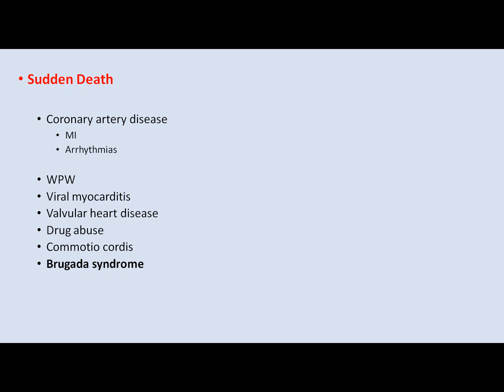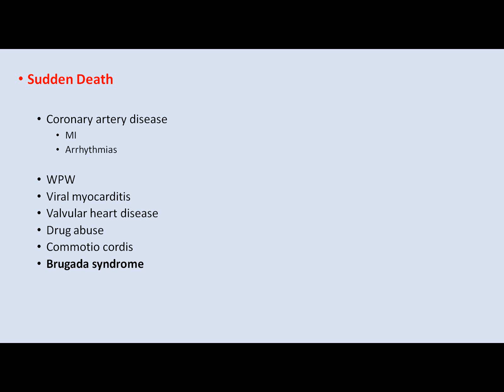The ball came, he missed it, and it hit him directly right here. The sudden impact causes the heart to stop. They could not revive him. That's commotio cordis. That's not common, it's really not common, but it happens. Of course, people with drug abuse get really bad valve disease, especially those who use IV drugs. I've seen many of those.